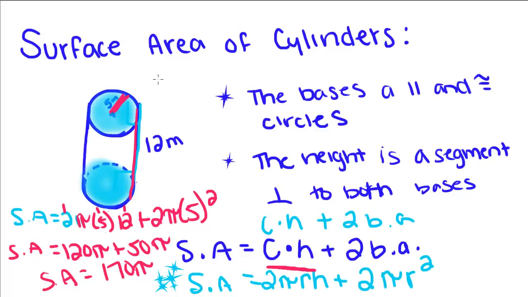If I were to unwrap this cylinder, I'd get this rectangle, and the top of the rectangle would be the circumference, which is 2 pi r, times the height, which is 12. So that's where this part of the formula comes from. And then to find the top and bottom of the soup can, we do 2 pi r squared.